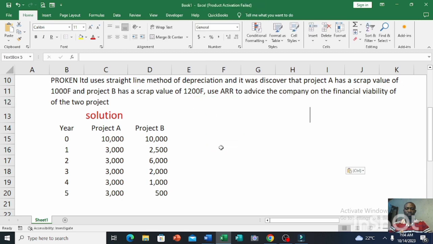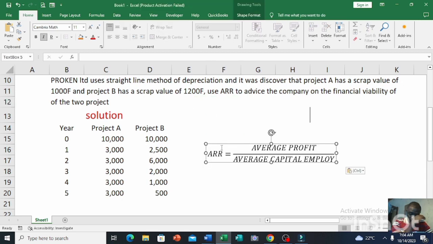So we use the formula accounting rate of return equals average profit divided by average capital employed. There are many alternative formulas that we can use as well, but with respect to this exercise, this is the best formula to use. Our average profit is calculated by determining the depreciation of each of these projects, then from there we determine the profit, and from the profit the average profit.